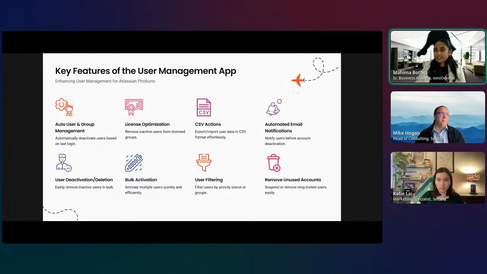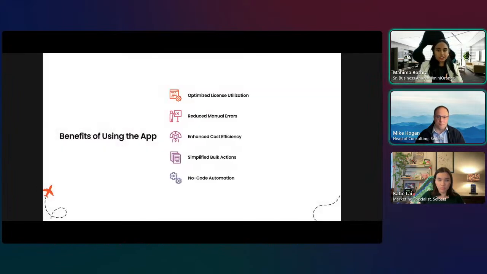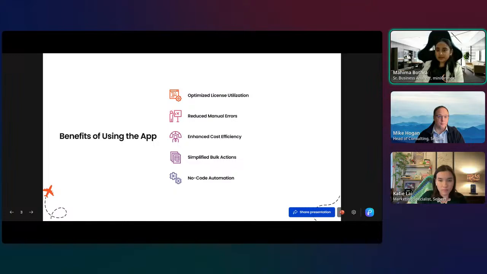It's very easy to use, anybody can use it. The major benefits of the app are that you can optimize licenses and reduce manual errors. If you do it one by one by selecting each user, it's going to take a lot of time. It also reduces cost, simplifies the actions, and it is a no-code automation, as I mentioned.